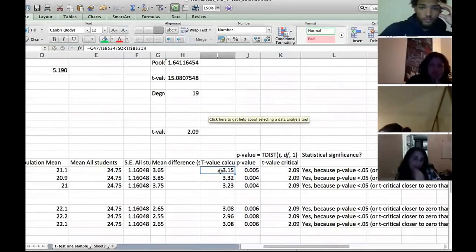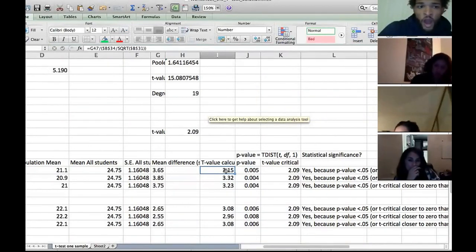So we calculated a t-value of 3.15, and now we're curious about the probability of getting this value. Imagine the normal distribution. It's not actually normal, it's a t-distribution, but imagine this two-tailed distribution, and you're wondering, is it really far away from the middle, or is it close to the middle?